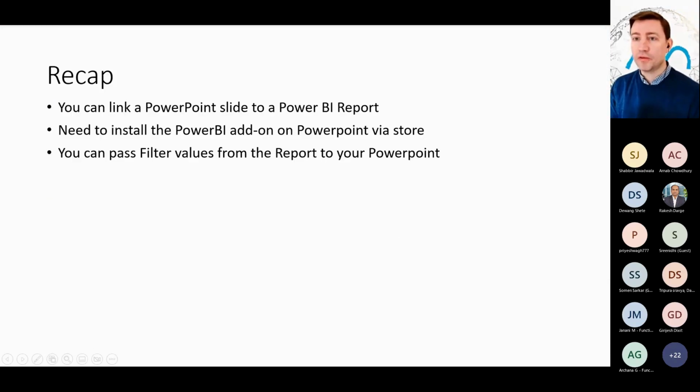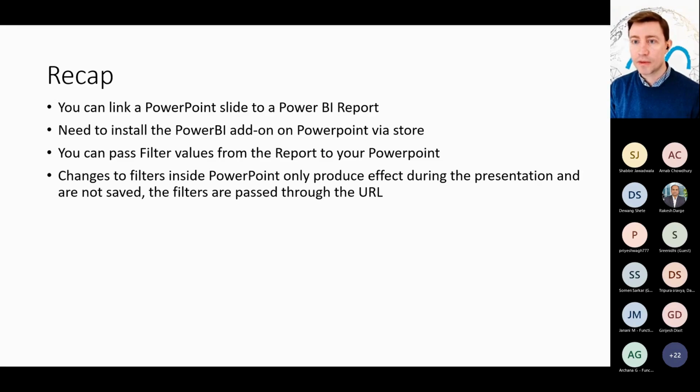What else? You know now that you can pass filter values from the report to your PowerPoint, like I showed, to pass a different filter for a specific year or for a specific country. The changes to filters inside PowerPoint only produce an effect during the presentation, and they are not saved. So the filters are passed through the URL.